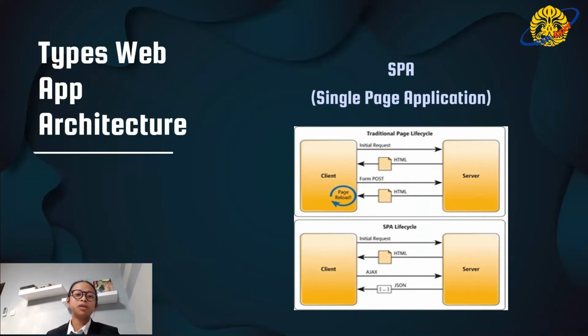Next, the types of web app architecture. First, I'm going to talk about single page application. Based on the name of this architecture, it is a single page where all information is available on the same page. It is even known as a type of web application architecture used to manage the components of a web app. Whenever you click something or scroll on this page, only a few elements will change and the rest will remain the same.